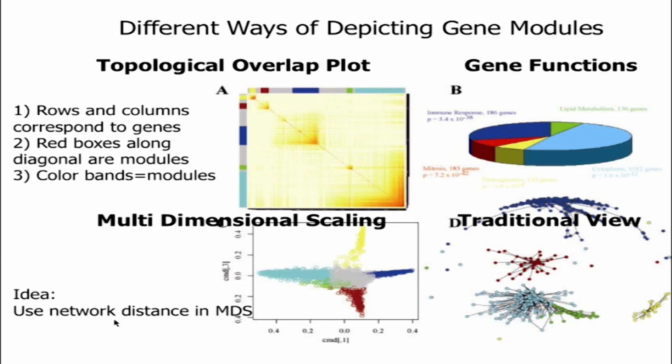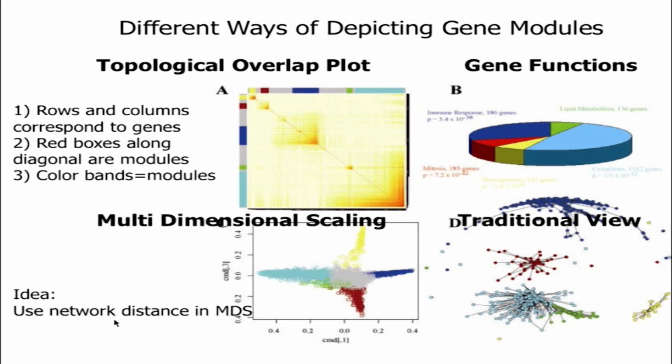A traditional view of a network is, of course, provided by this type of plot where you have dots and you just connect them if they are connected, you know. And finally, I mentioned that, of course, what we do with modules is we study their gene ontology enrichment.